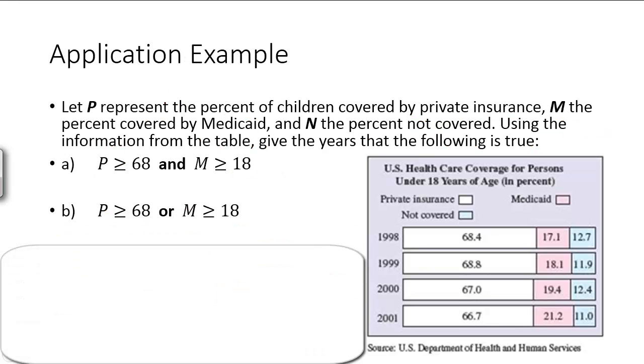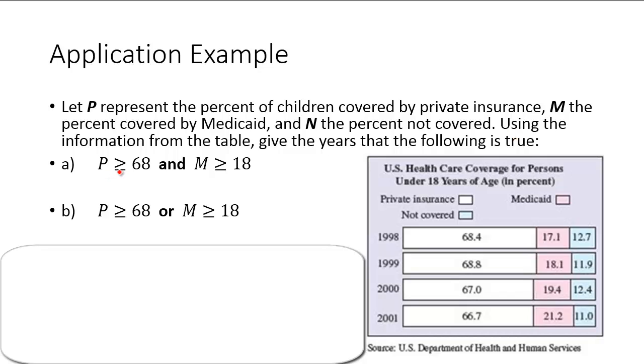Let's take a look at an application example. Let P represent the percent of children covered by private insurance. M is the percent covered by Medicaid, and N the percent not covered. Using the information from the table, give the years that the following is true.